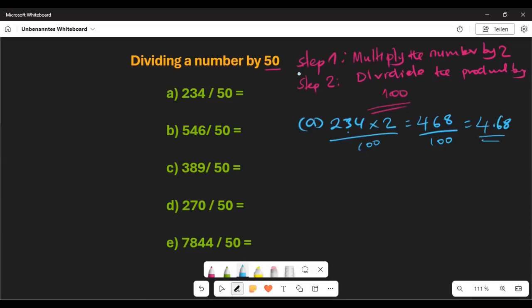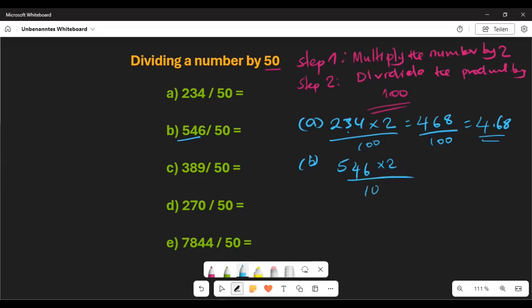Easy. Then let's do B. B is the same: we use the same principle, multiply by 2, divide by 100. We have 546, and we want to multiply it by 2.